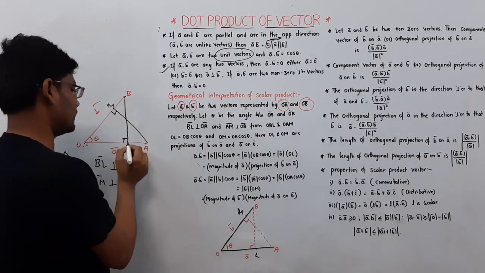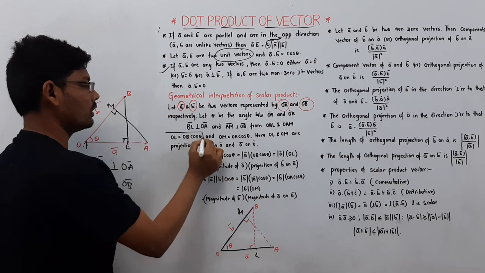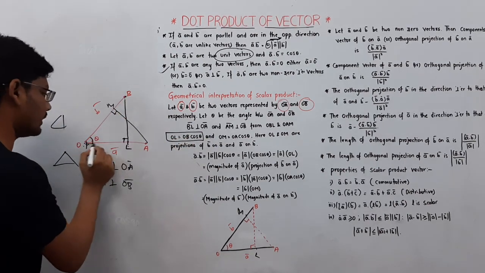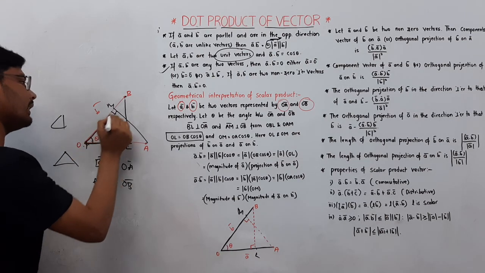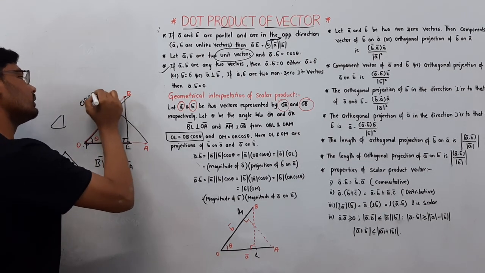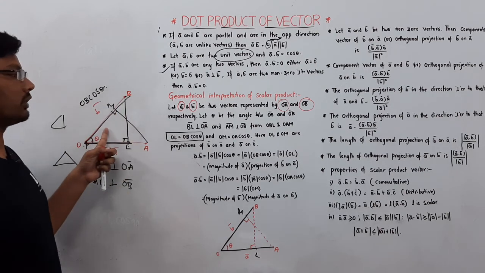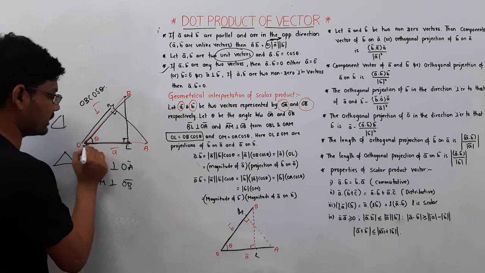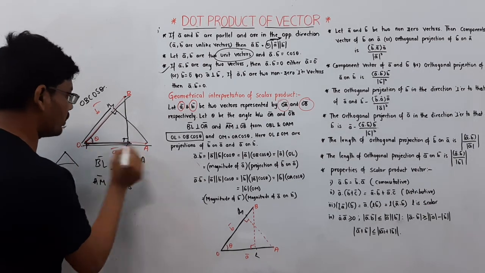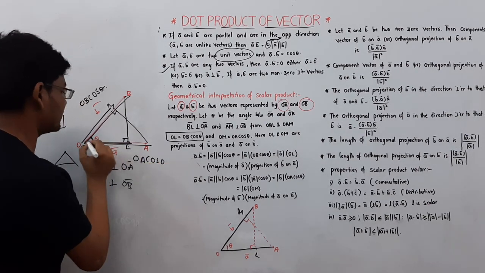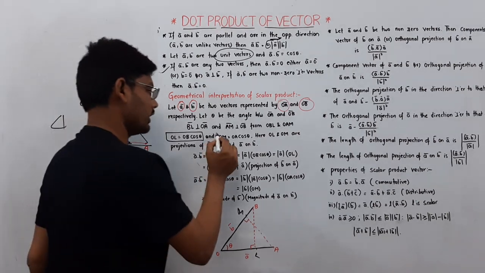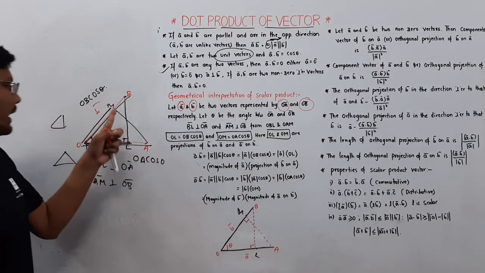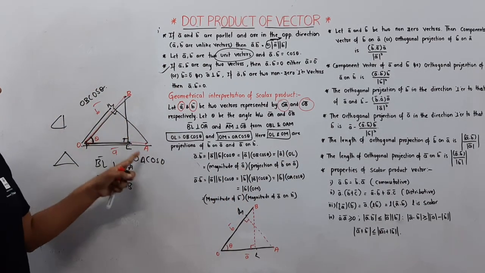Then OL is equal to OB cos theta. This is the side of this one. And OM is nothing but OA into cos theta. This is the angle here. Now here we have two conditions. OL and OM are projections.